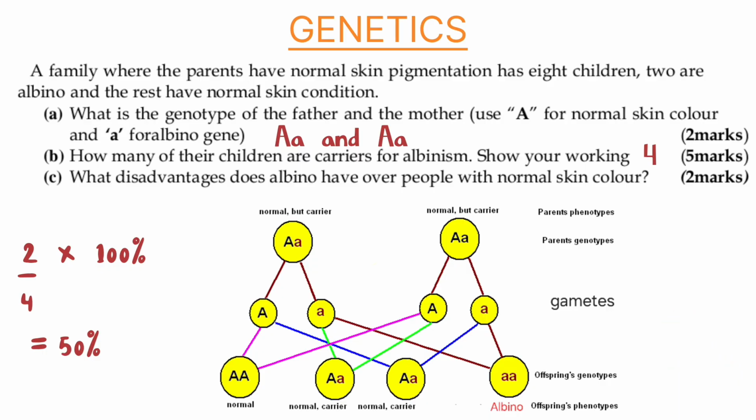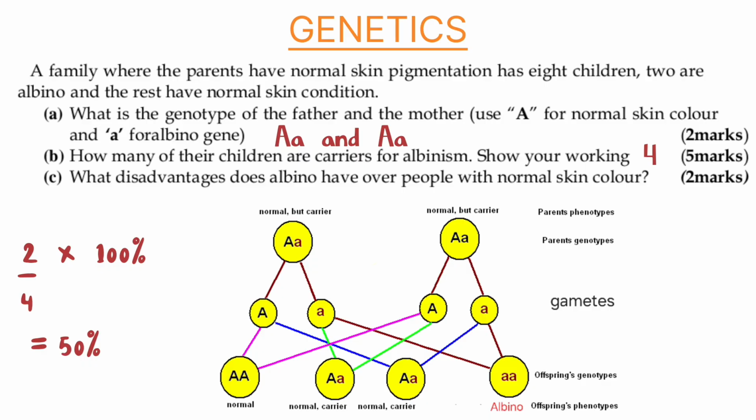Part C, what disadvantage do albinos have over people with normal skin color? Okay, so individuals with albinism face several significant disadvantages. This is usually because of their lack of melanin. Now, melanin is very important.